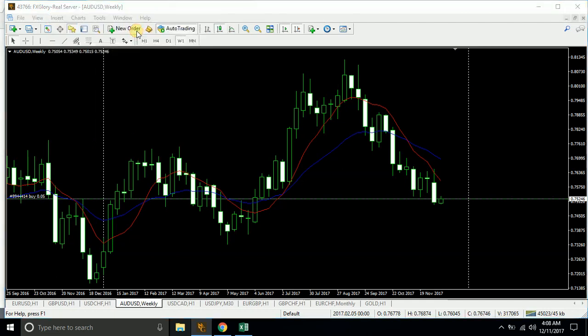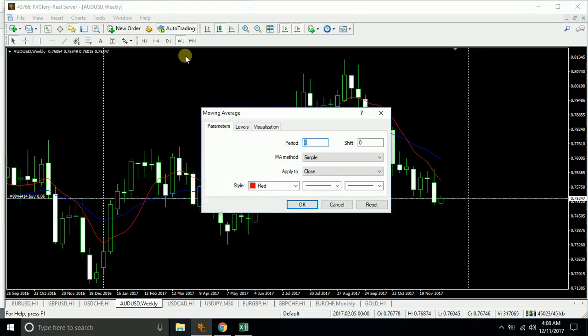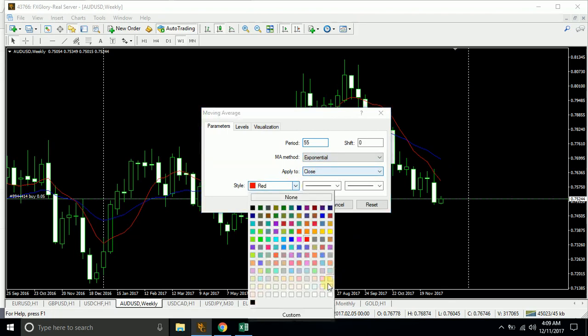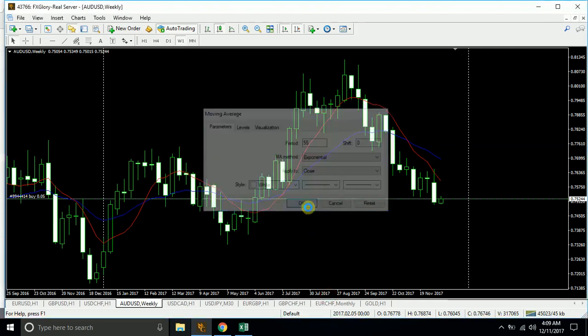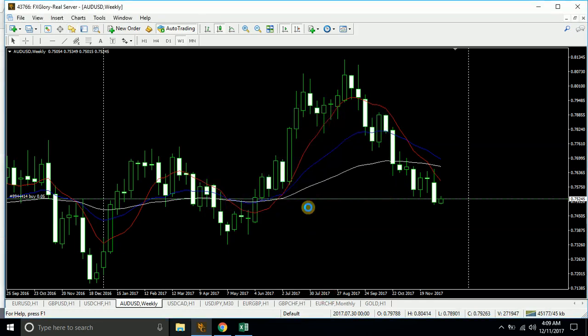Insert, indicators, moving average, 55, exponential, white.